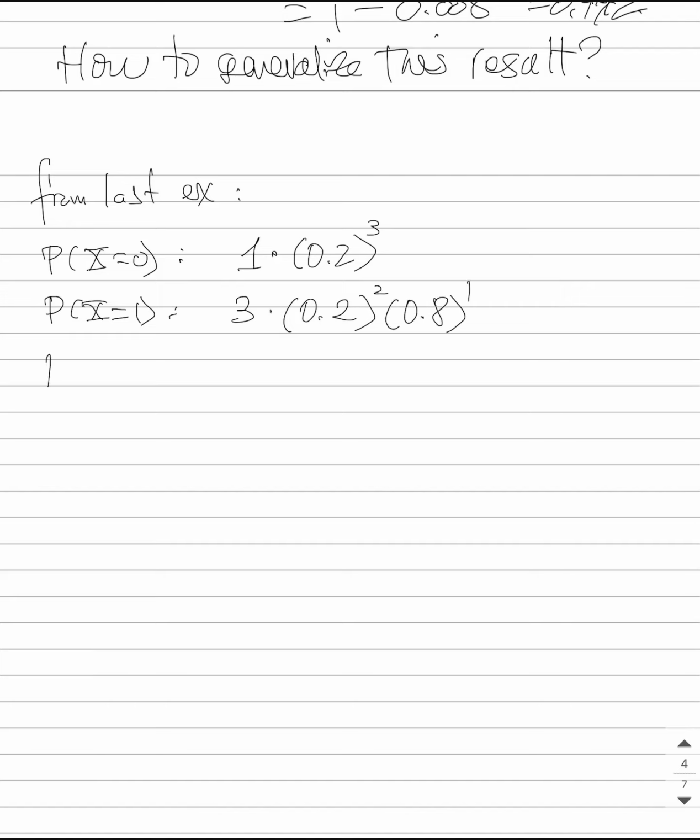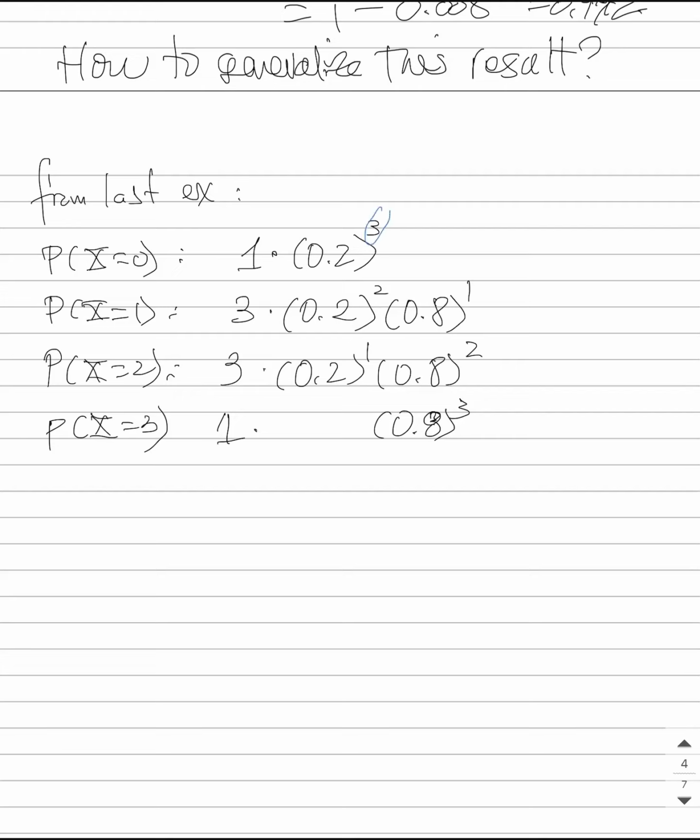Probability when x is 2 is very similar. And finally, the probability where x is 3 was similar still. And I'm going to write this with a little gap here. Now, what I want you to see first and foremost is that there is a pattern.